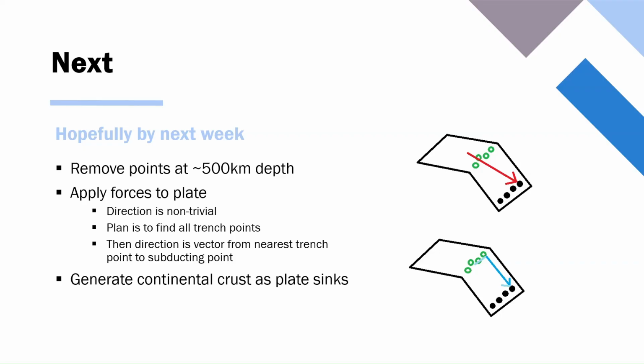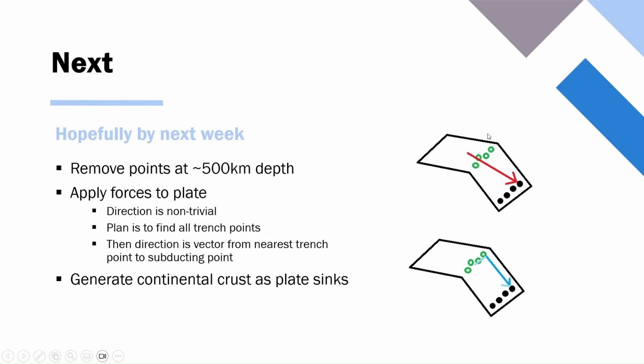So then I was thinking, well, could I do it more simply by just taking the vector here, looking at this vector from the plate centre, this isn't quite the centre of this diagram, but we'll assume it is, to the subducting point. Now the problem here is if you imagine projecting this up to the plate, it would be here somewhere, about here, and then this vector has a component in this direction which we want, but it also has a component up that way which we very much don't want.